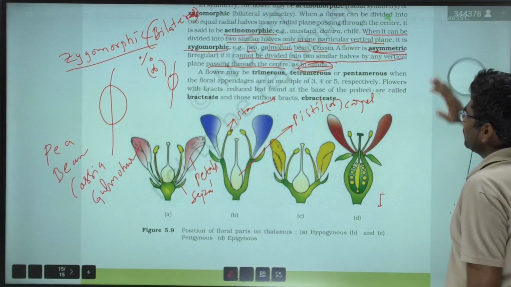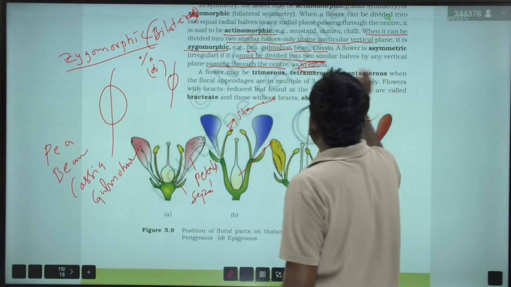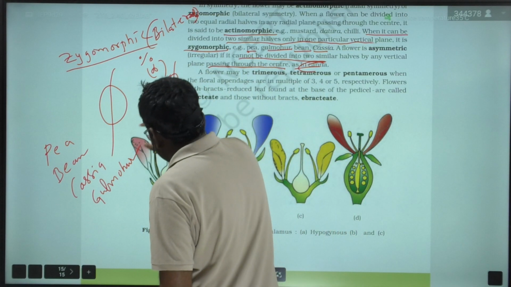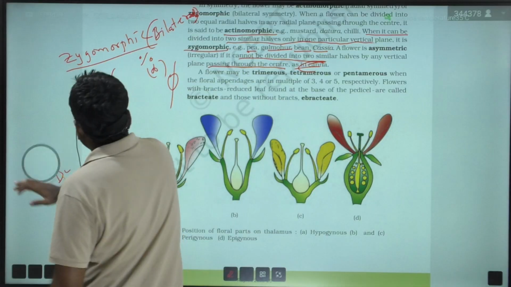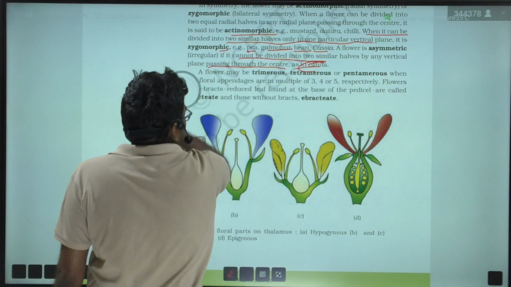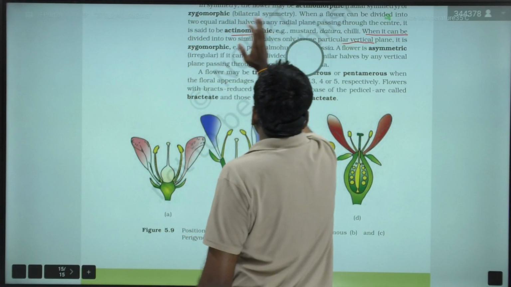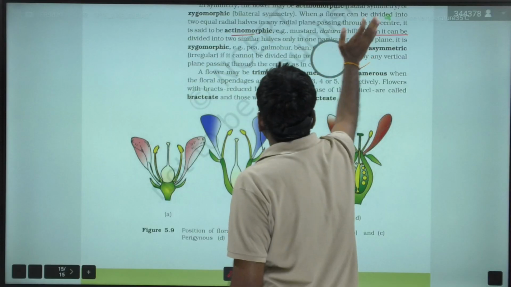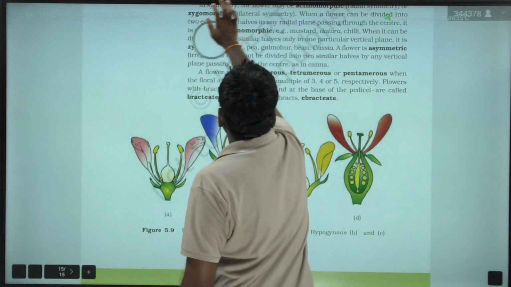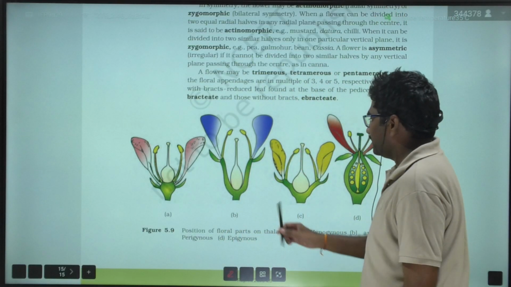Next, a flower may be trimerous, tetramerous, or pentamerous, when the floral appendages are in multiples of 3, 4, 5. Flowers with bracts, that is, bracts are nothing but reduced leaves found at the base of the pedicel, are called bracteate.